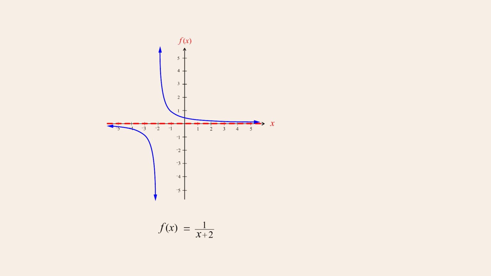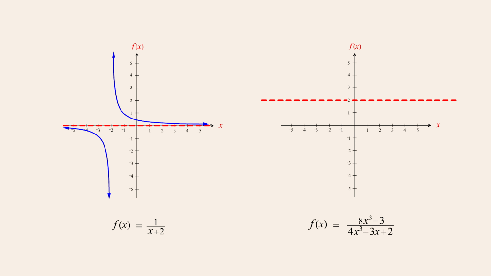For example, this rational function crosses its horizontal asymptote. However, as x values continue to grow, eventually a rational function's graph will approach its non-vertical asymptote without intersecting the asymptote.